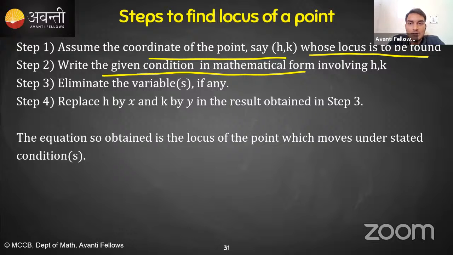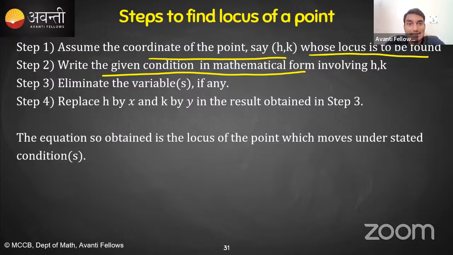Now the third step is that if we have assumed any variable other than h comma k, we are not considering h comma k as variables. Let's say in a question I'm solving, I have assumed theta, alpha angle, but that angle has no mention in the given question.